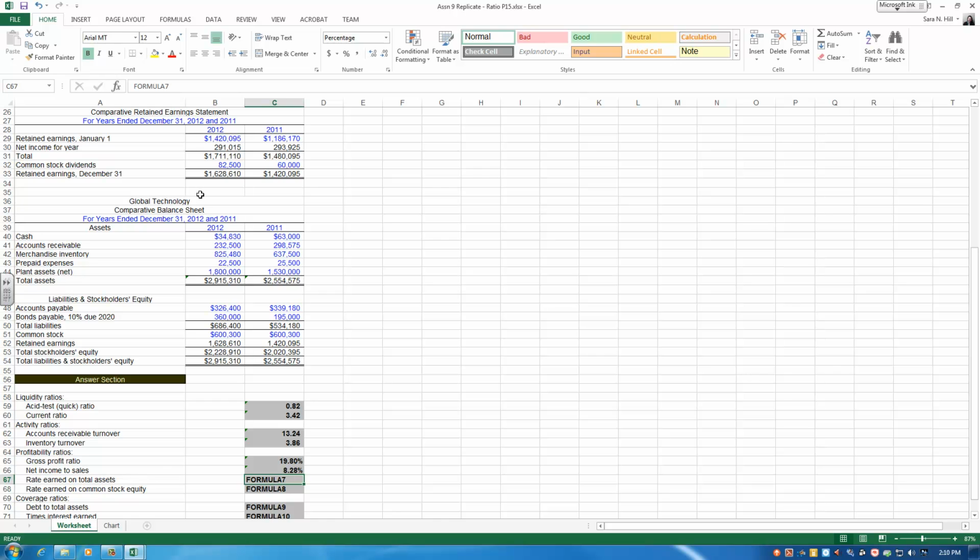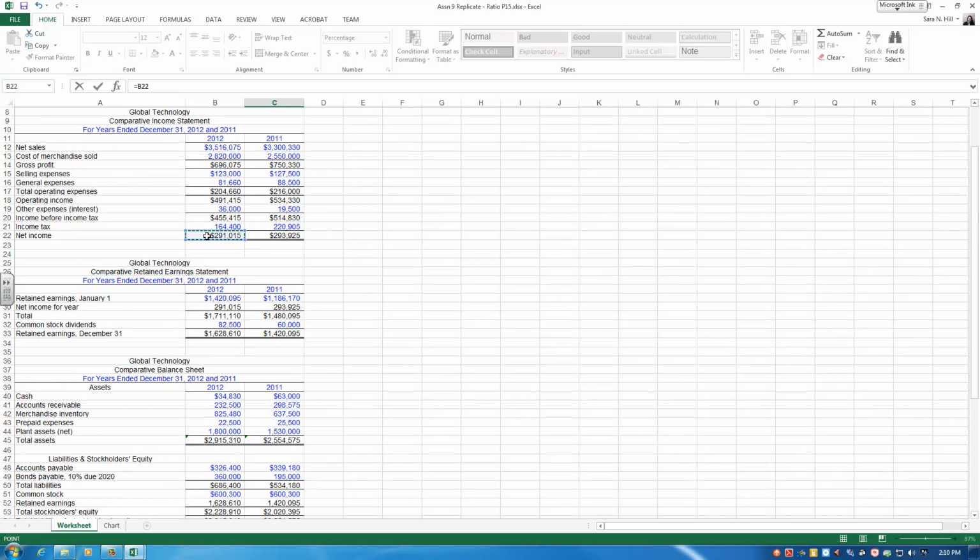Moving right along to our rate earned on total assets. This one is going to be our net income plus interest expense divided by our average assets. So we'll go ahead and grab our net income.